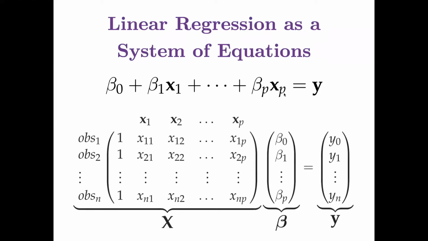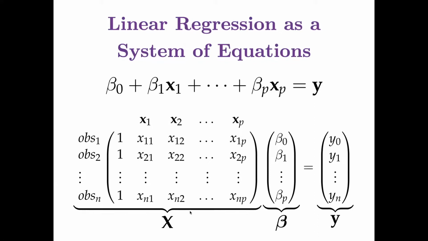Now, this can be represented by a matrix vector product where usually called our design matrix X, which is just our data matrix having one row for every observation with an additional column of ones to include the intercept.